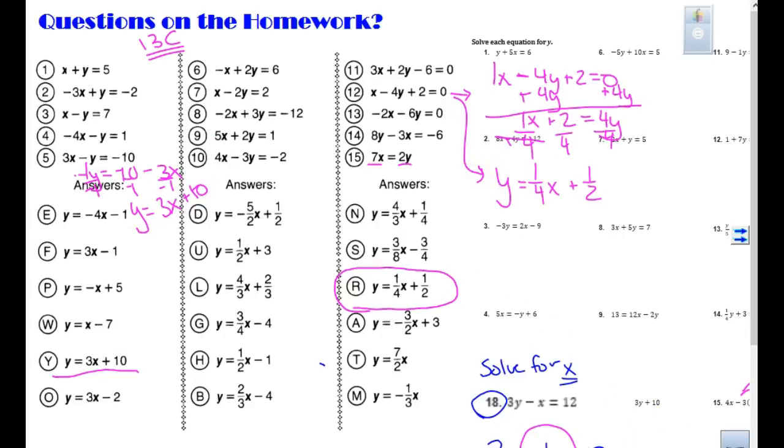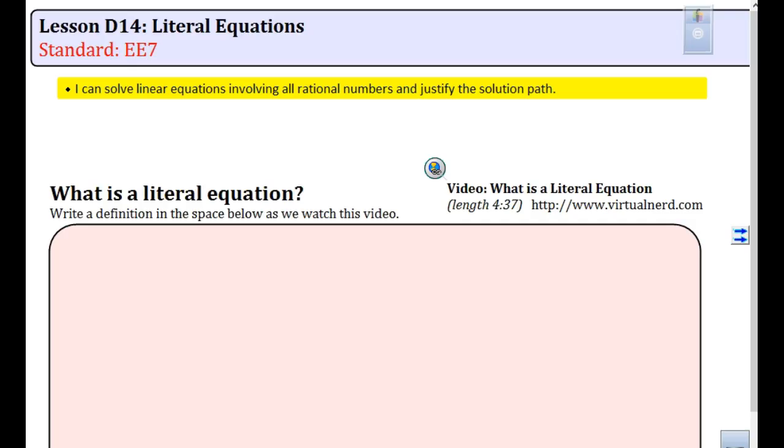All right, so I want you to set that aside, close that workbook, because that page is not due tomorrow, right? Or today. The one that was due was the 13A, every third question. And we're going to look at this part on literal equations.